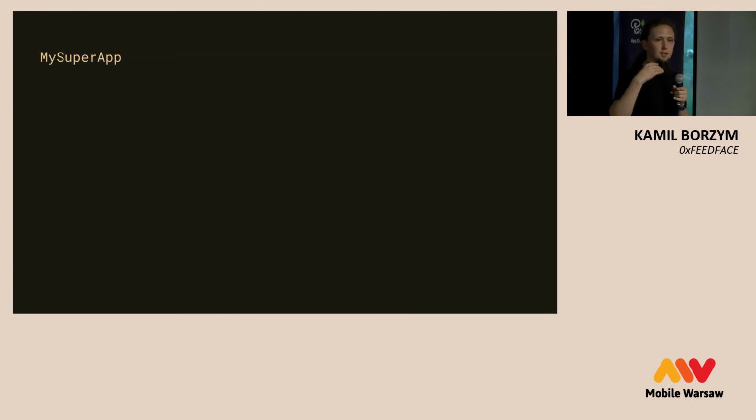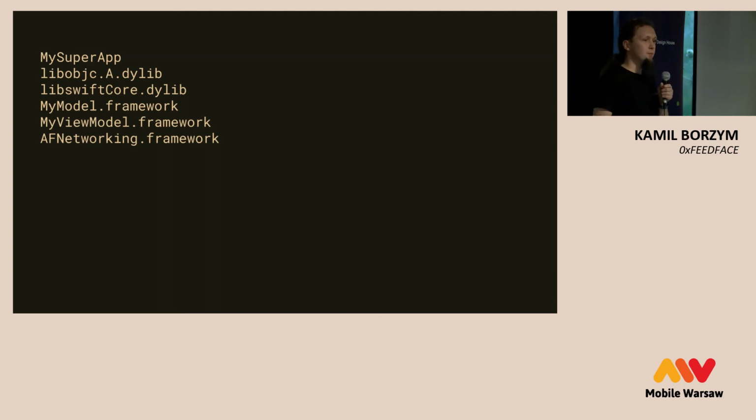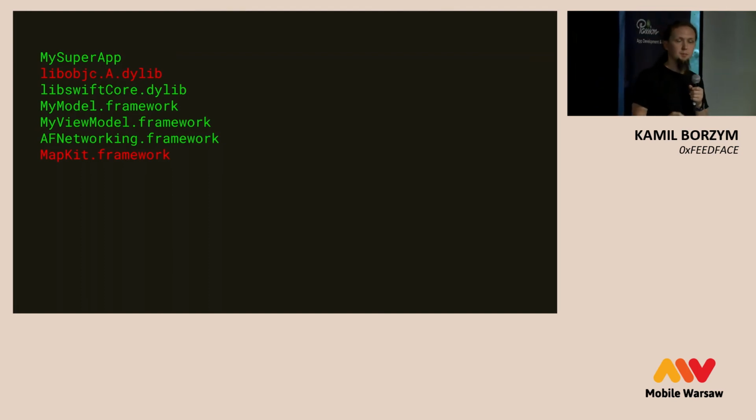It looks for all the dependencies of those dependencies, until it finds all possible dependencies that would be loaded during app startup. Then it marks found images as obfuscable and unobfuscable. Obfuscable because those images are within the app bundle, so we can modify them. And unobfuscable because they are read-only, for example, system libraries.